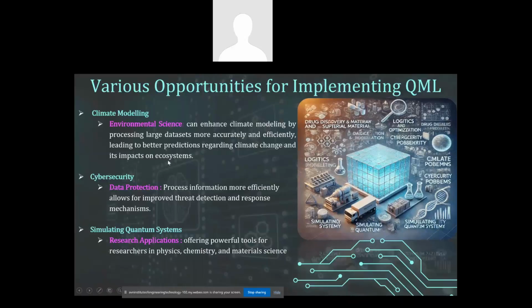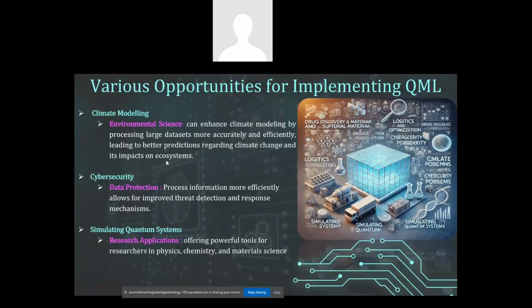Data protection is a big worry. Why? Because cyber security crimes are happening, and very often we are seeing cyber security hacks. With the help of QML it works both ways: we can easily break the system, or we can make it more secure.